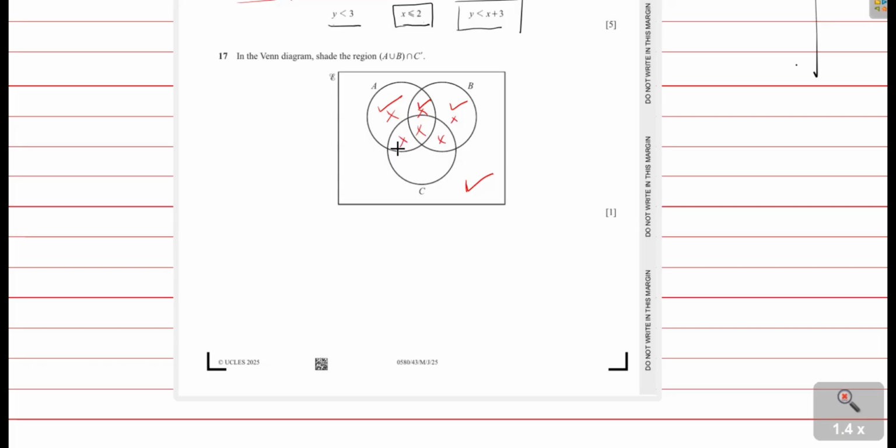And for the intersection A union B intersection C dash, we will shade the region where both marks are present. Look here, both cross and tick are present here, we will shade. This is the region we will shade, and this will be A union B intersection C dash.